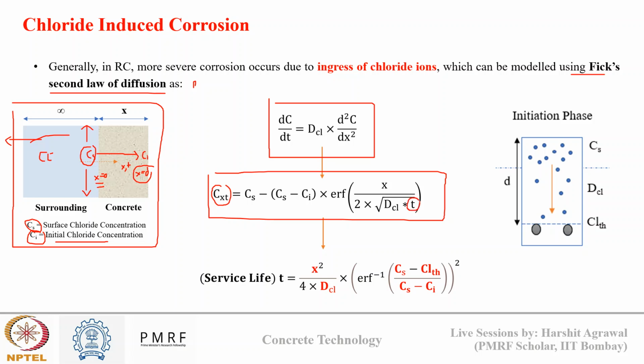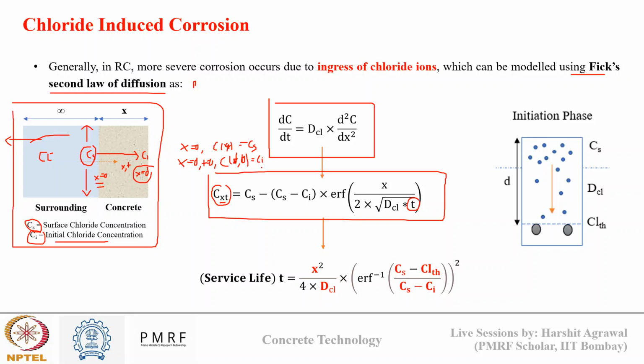So after a time t at a certain depth x, we can estimate what chloride concentration is there using this equation. Here I have used two conditions: x equal to 0, C(x,t) will be equal to Cs, and at x equal to d, time equal to 0, C(x,t) is C(d,0) equal to Ci.